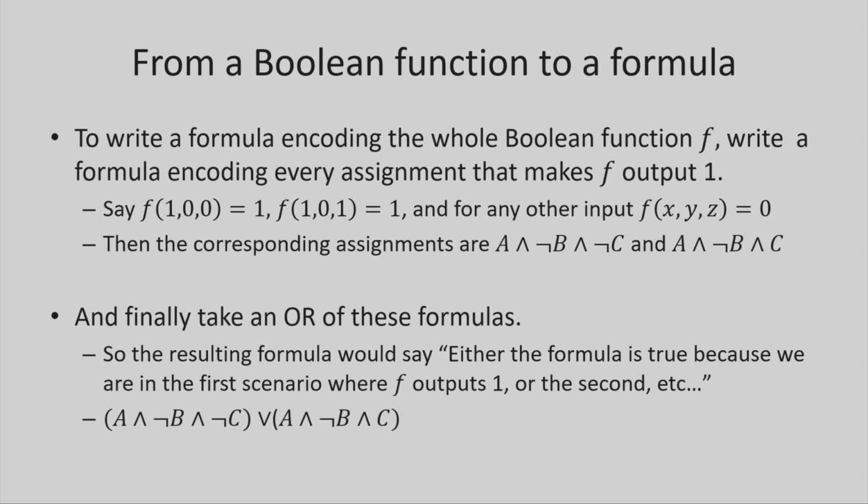It just says its input is either 1, 0, 0 or its input is 1, 0, 1. Since the way we defined the function f was to say it's 1 in those 2 places and 0 everywhere else, this formula will be true exactly in the same places where the function is 1.